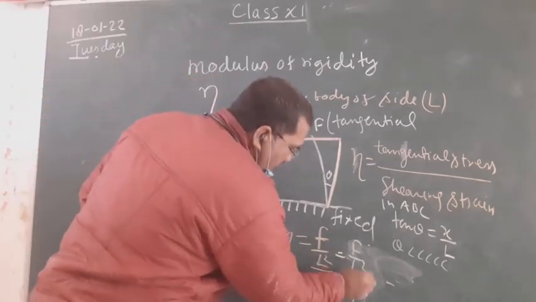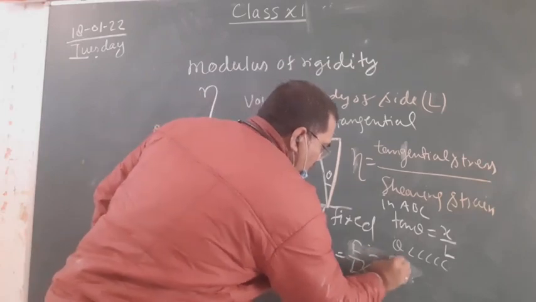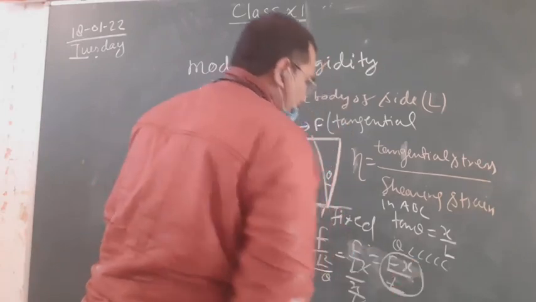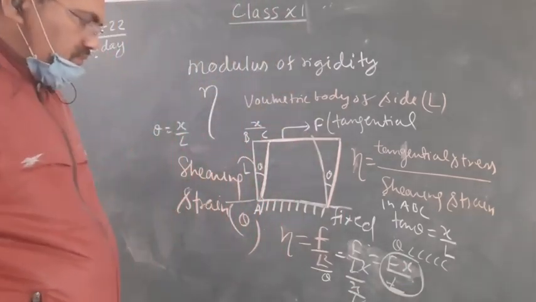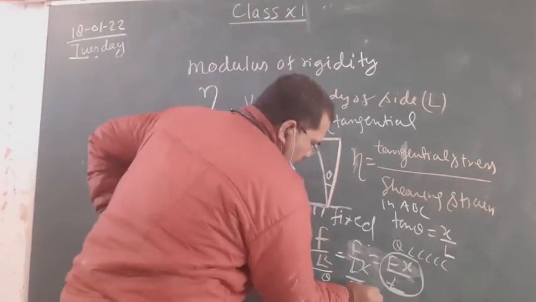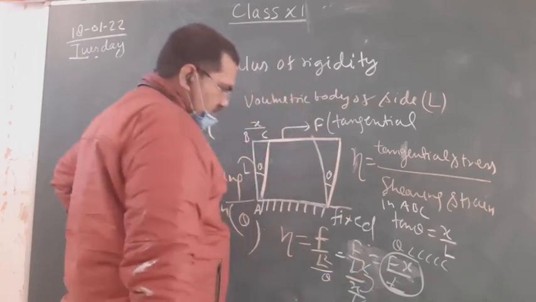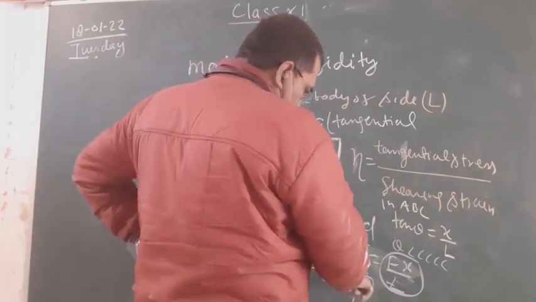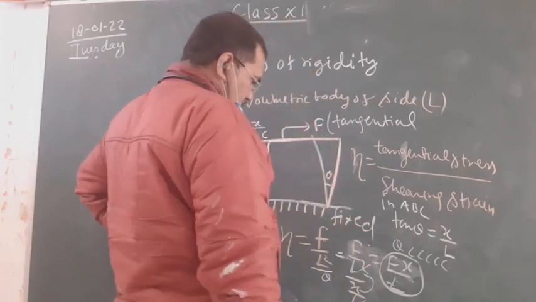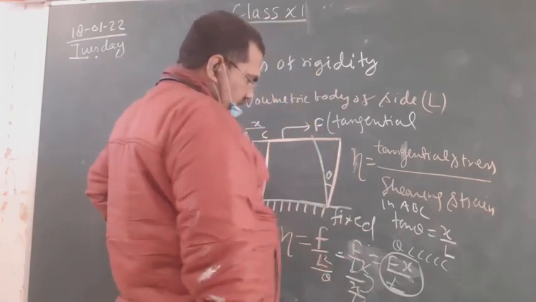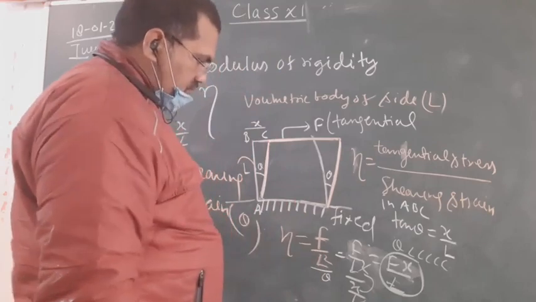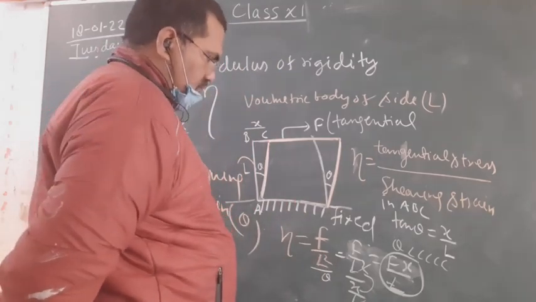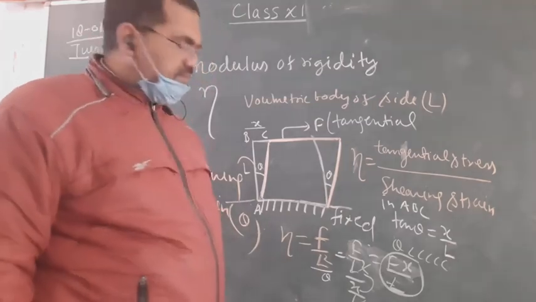So this L will cancel out this L. So in the upper portion Fx by L... this will be here, this will be here. So FL by xL square. Got my point?